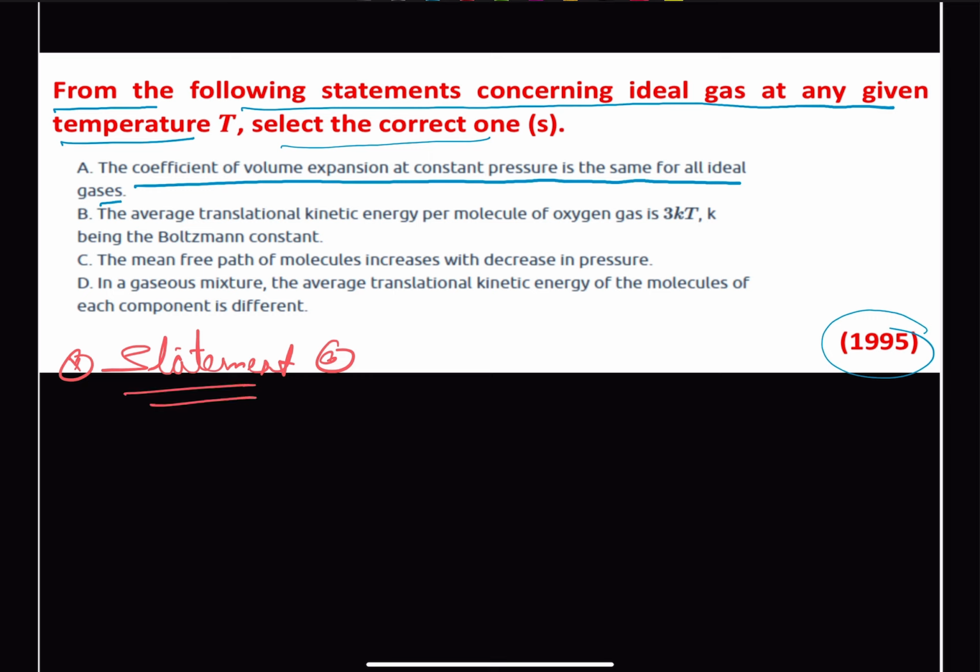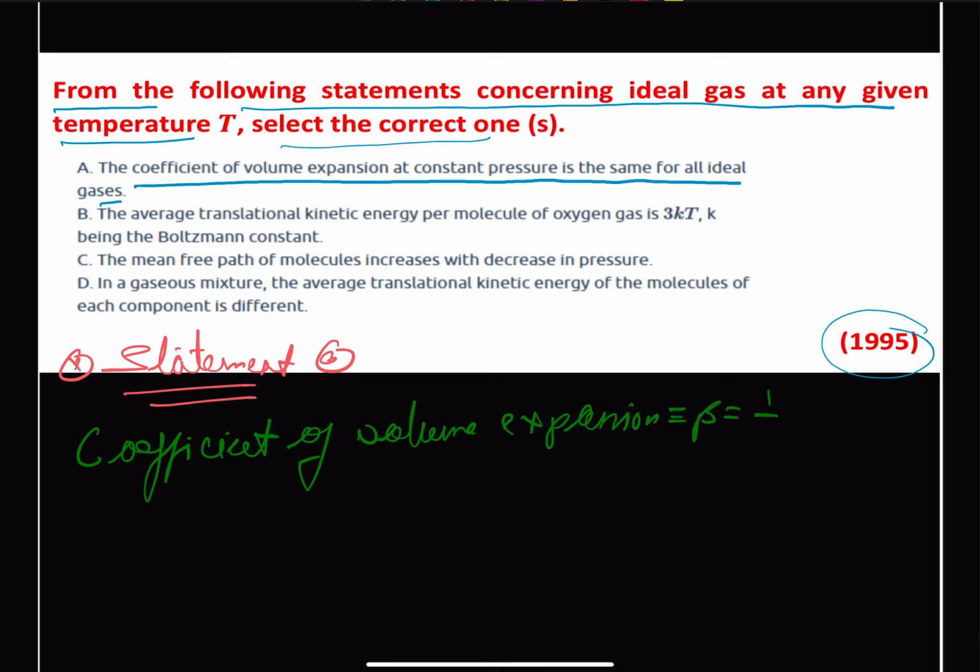So we know that coefficient of volume expansion beta is equal to 1 upon V times the partial derivative of volume with respect to temperature at constant pressure P, and for ideal gas PV is equal to nRT.